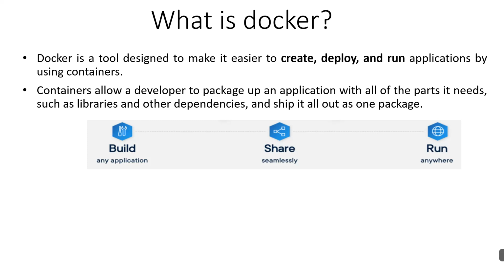The only reason is the library or dependency. The developer's local environment has the dependencies and libraries, but when the application goes to the QA or any other environment, the dependencies and libraries are not there.